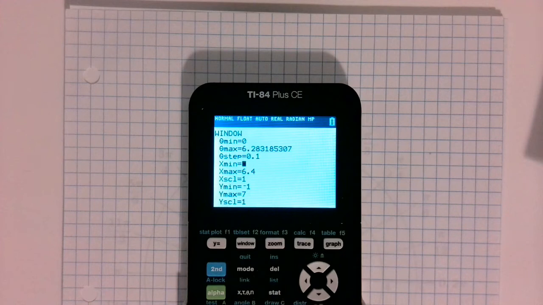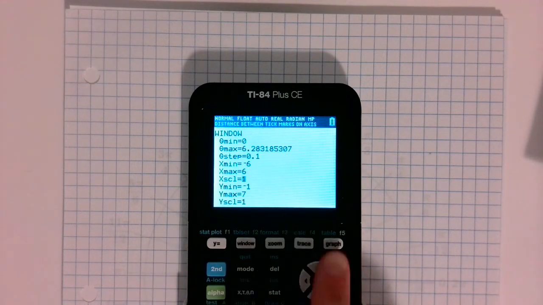Now for my x min and max, let's actually try -6 and +6. Let's try that. All right. And the scale, you can keep that 1. So now let's go ahead and graph, and this is going to be really cool.